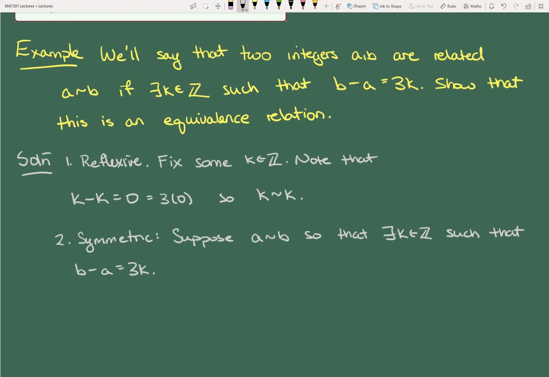That's the definition of what it means for A to be similar to B. Now what I want to do is show that B is similar to A. So I need to show that A minus B is a multiple of 3. But A minus B is just the negative of B minus A.